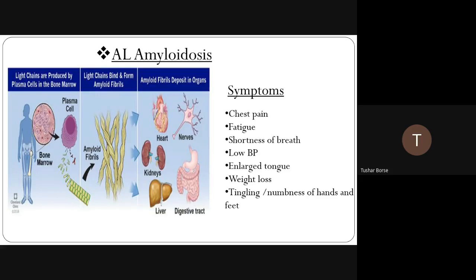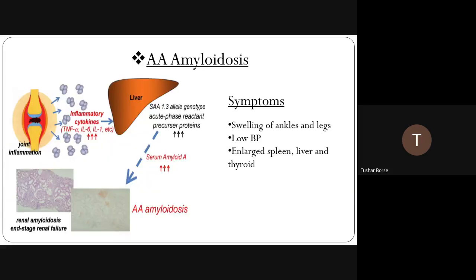The symptoms are chest pain, fatigue, shortness of breath, low BP, and so on. Then AA amyloidosis. So, what is AA?